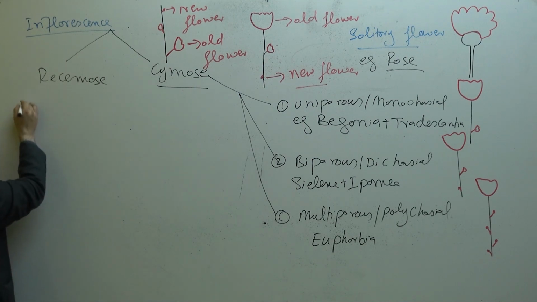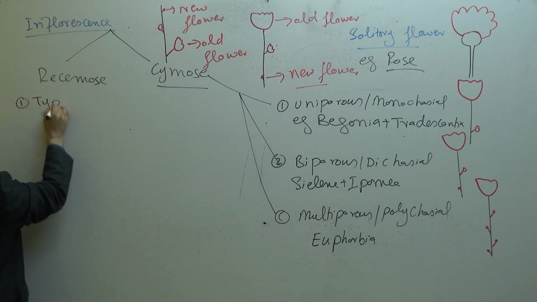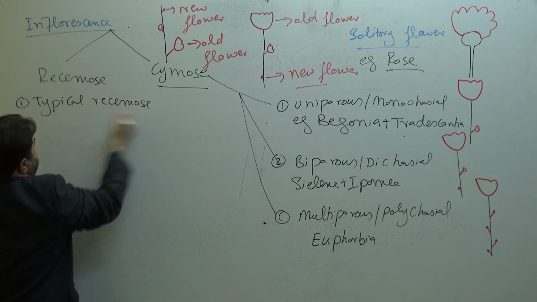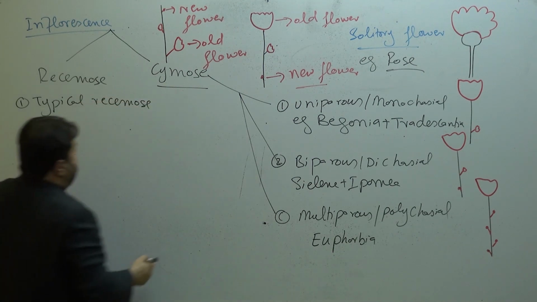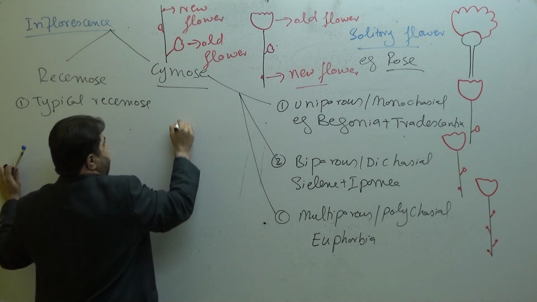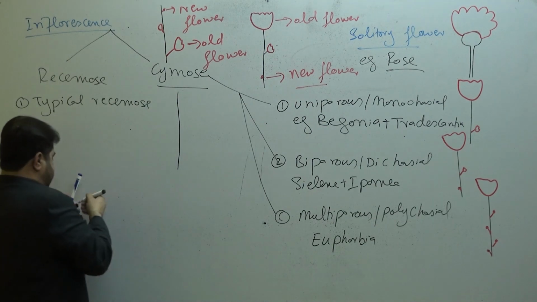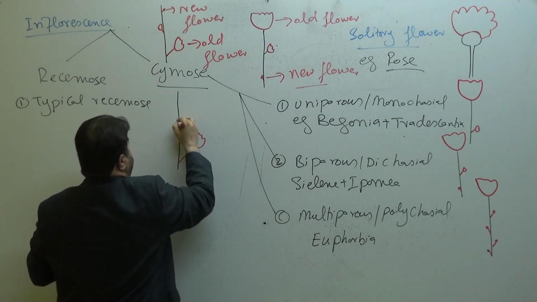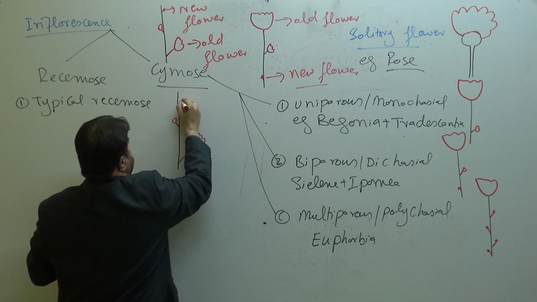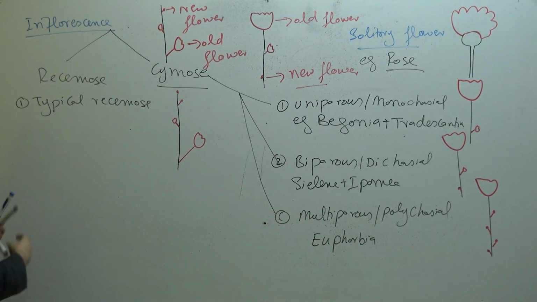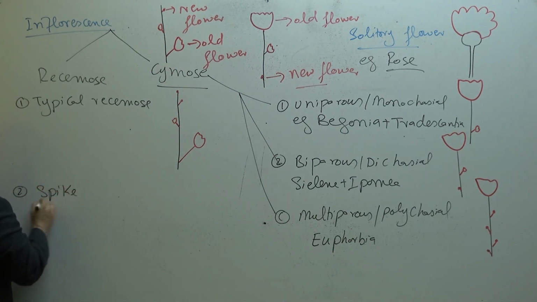The first example is typical racemose, a common racemose in which the main stalk continues to grow, and side by side it produces flowers as well. The second example is spike.